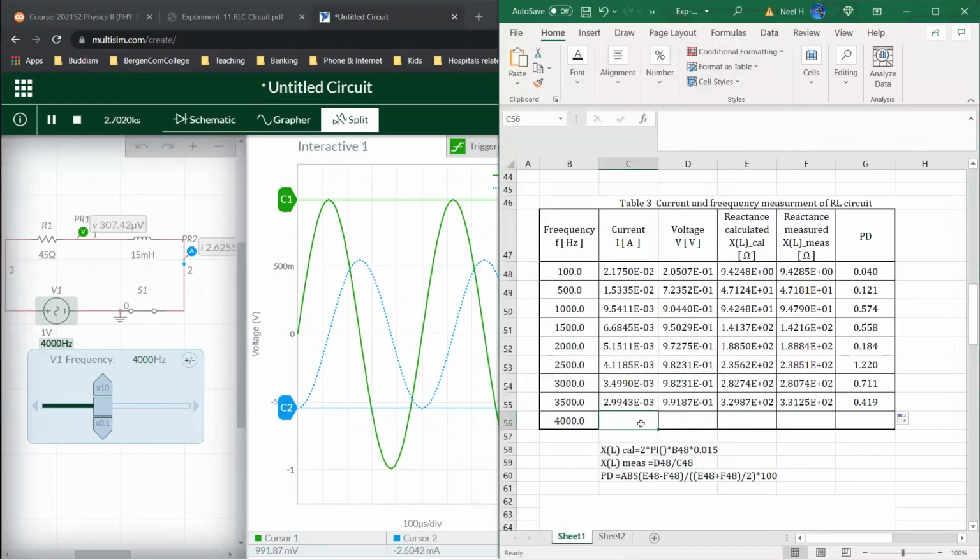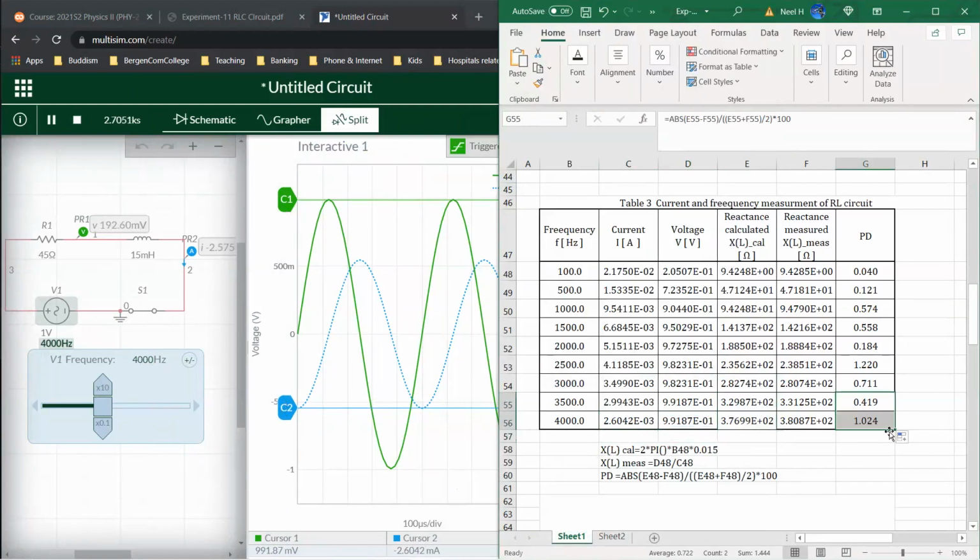Voltage doesn't change much at all, but the current changes: 0.00260042. Voltage about the same, 0.99187. And let's take it out.